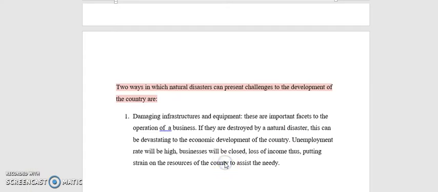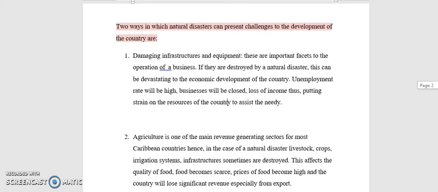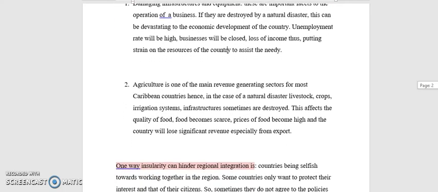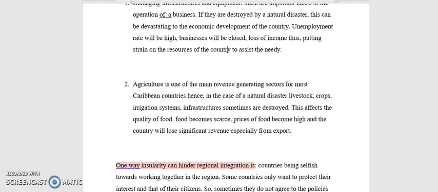All right, let's go down to way 2. I hope you're thinking about another way. Agriculture is one of the main revenue generating sectors for most Caribbean countries, right? Hence, in the case of a natural disaster, livestock will be destroyed. Crops, irrigation systems, infrastructure are sometimes destroyed, right?